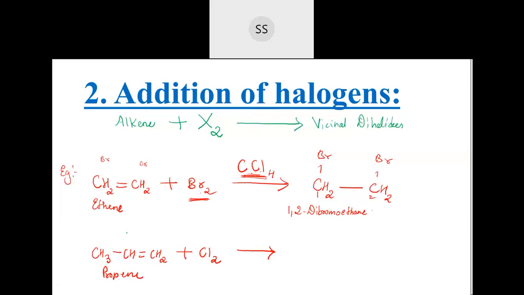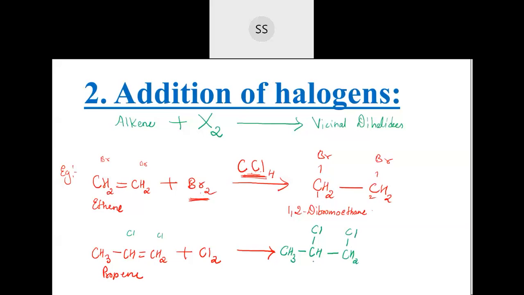What you are going to do is add one chlorine over here and one more chlorine on this side. Break this double bond and convert it into single. So you will get CH3, single bond, CH, one chlorine here. And then break this double bond, convert it into single, then CH2, one more chlorine here.